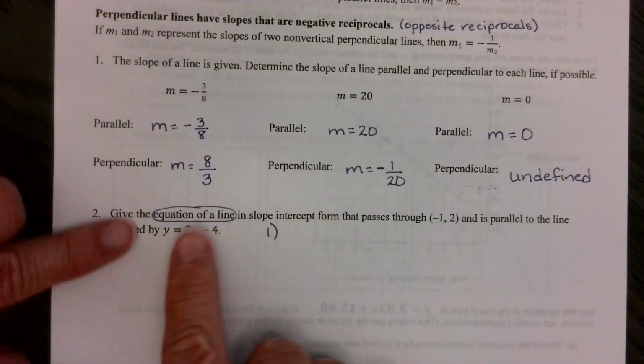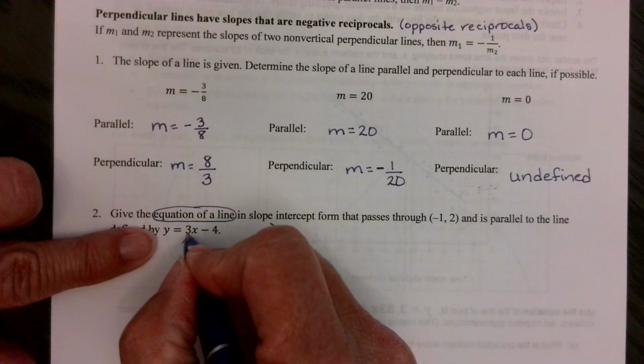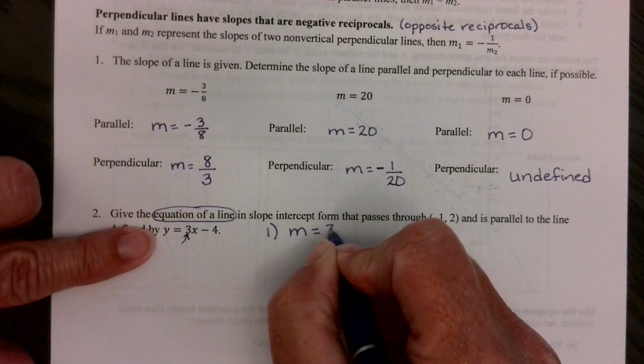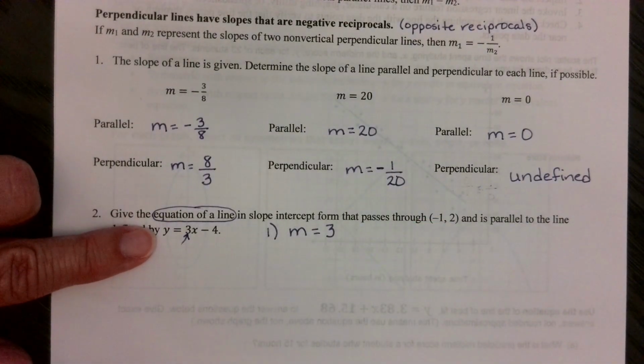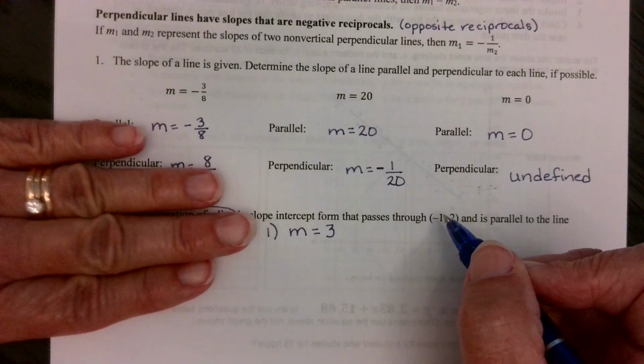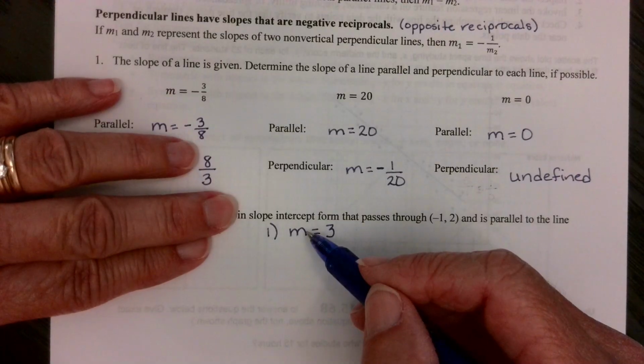Well, we know it's parallel to this line. The slope of this line is 3, so because it's parallel, we're going to have 3 for our slope as well, for the new line. Now we're given the slope and a point. We don't use this line any longer. We only use it to find our slope.